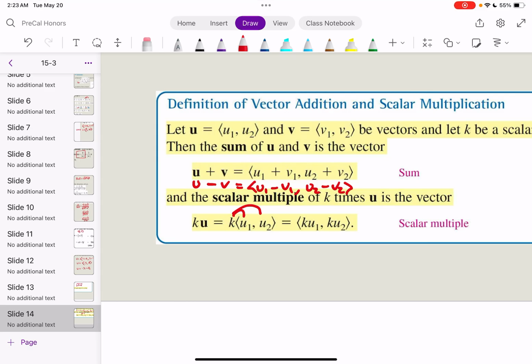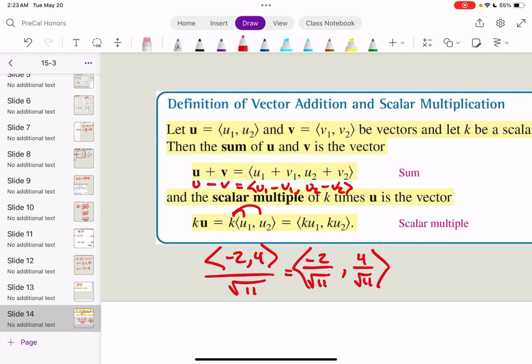So for example, if I decided to go ahead and keep it as, let's say, a vector of -2, 4 that's being divided by the square root of 11, we could go ahead and say -2 over the square root of 11, comma, 4 over the square root of 11, and have that as our vector.